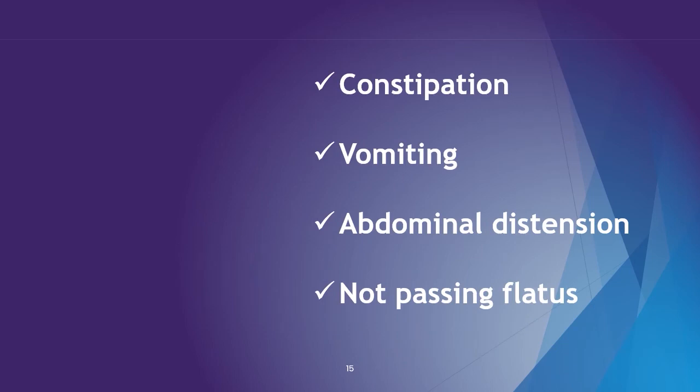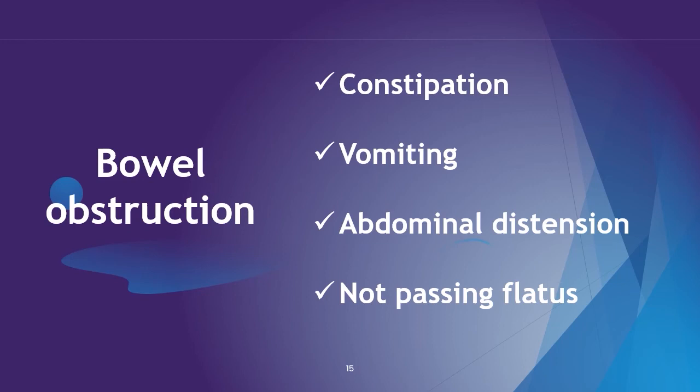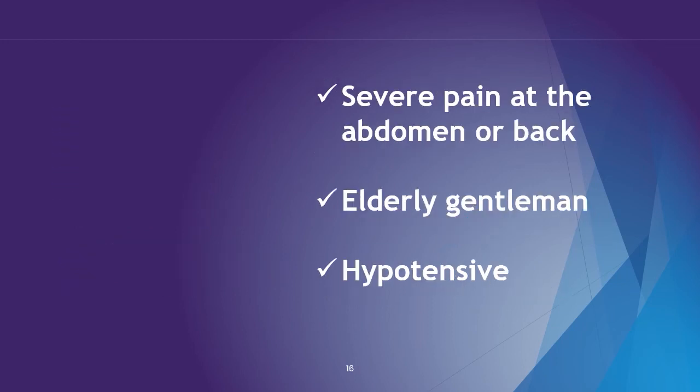Patient presenting with constipation, vomiting, abdominal distension and not passing flatus. It implies this is a case of bowel obstruction or intestinal obstruction. Severe pain at the abdomen or back, especially in an elderly gentleman who is hypertensive.